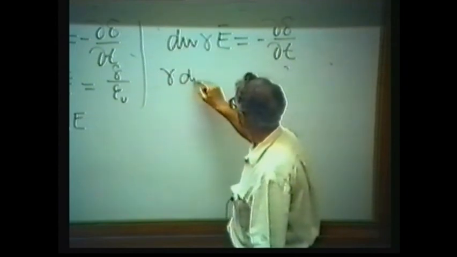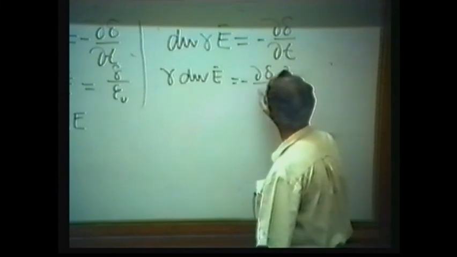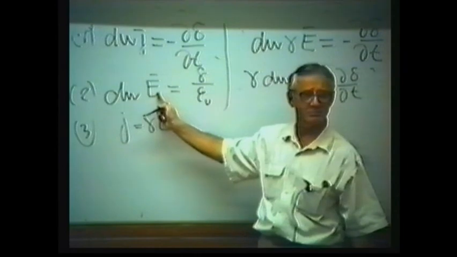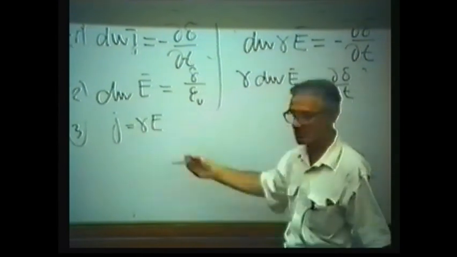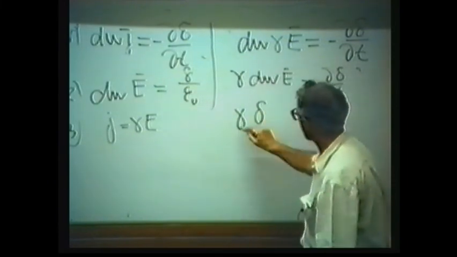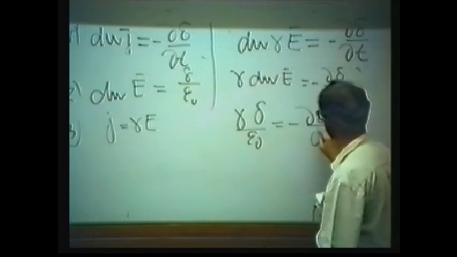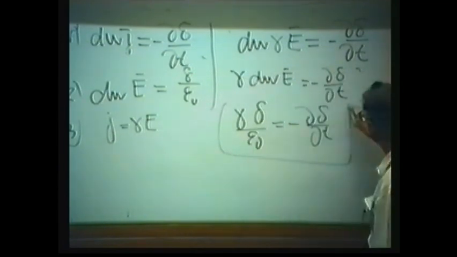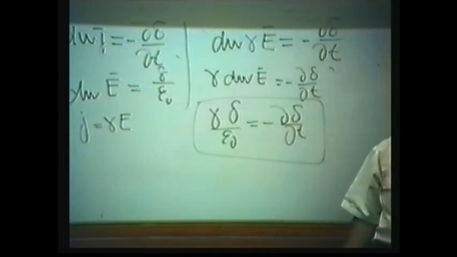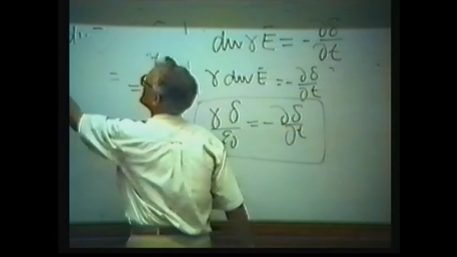Gamma divergence E equals minus d delta over dt. Do we have an expression for divergence? We have gamma delta over epsilon naught equals minus d delta over dt. No more divergence, no more curl. Simple relation. Now, what is it?